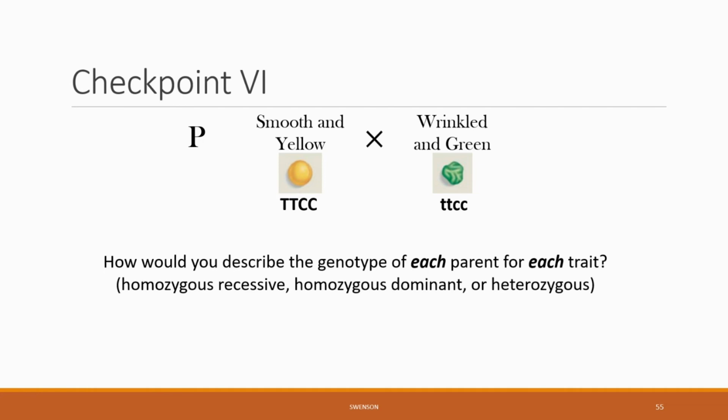The smooth and yellow parent is homozygous dominant for both. The wrinkled and green parent is homozygous recessive for both. So again, true breeding, they're going to be homozygous. Smooth and yellow are dominant.